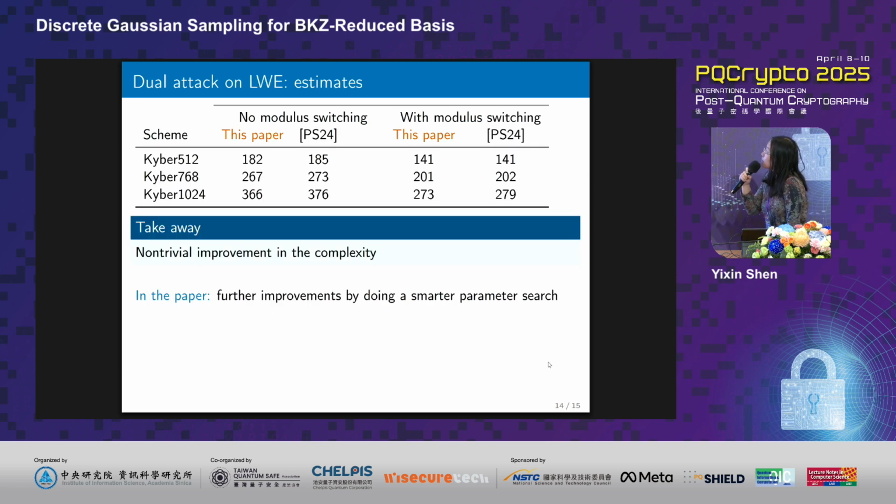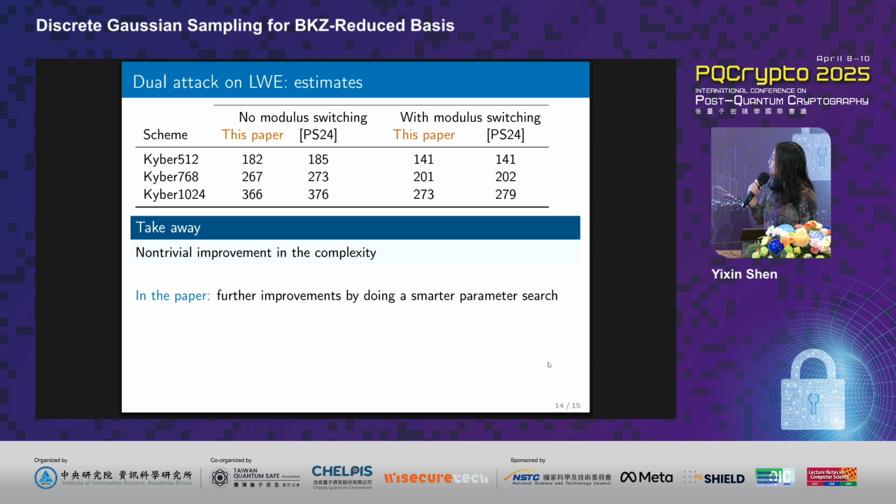Let's look at the numbers that we have. In our Eurocrypt paper, we have two regimes for the attack. There's a really provable regime without modulo switching, and so the attack is not very efficient. And then there's another regime which corresponds to a very optimistic hypothetical attack, imagining that we can do modulo switching in a provable way.